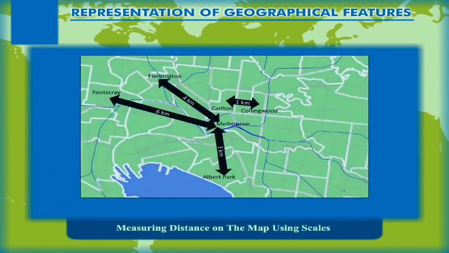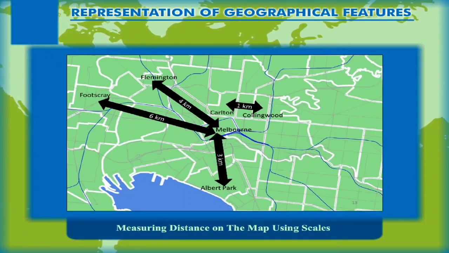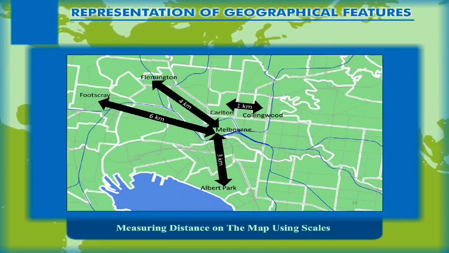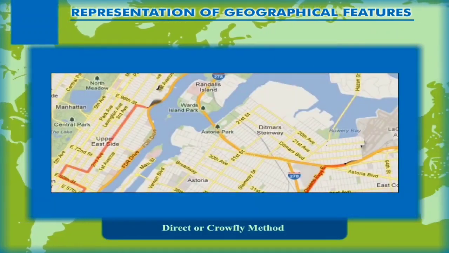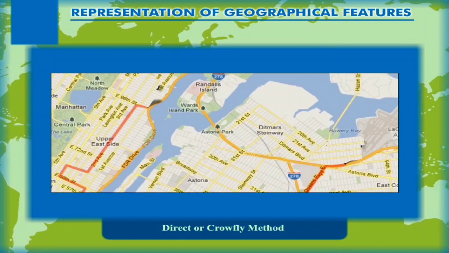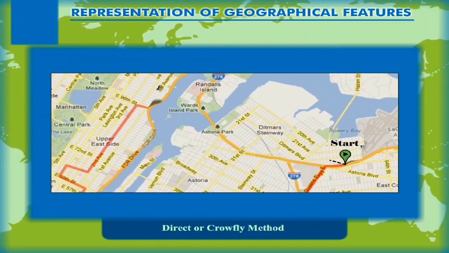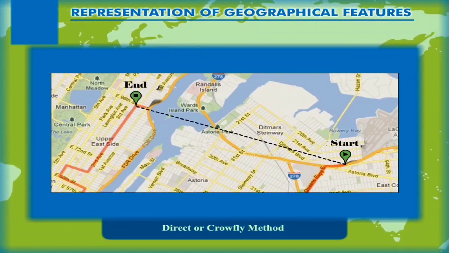Measuring distance on the map using scale. Distance on the map can be measured by two methods, direct or crowfly method, and route method. In the crowfly method, distance is measured in a straight line, avoiding physical barriers.